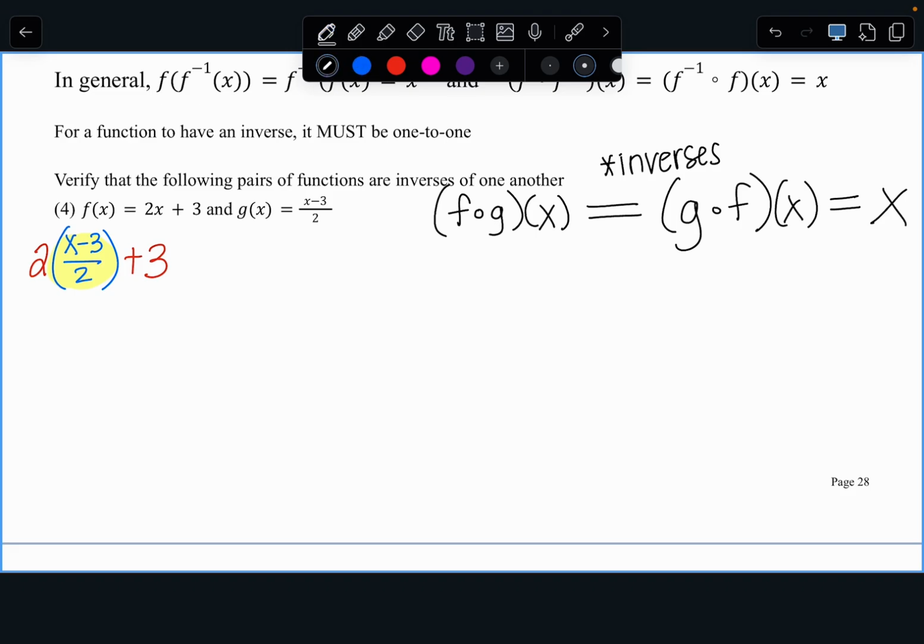And then let's simplify. The 2's cancel. We're left with x minus 3 plus 3, which just gives us x. So far, so good. Everything canceled except for x.